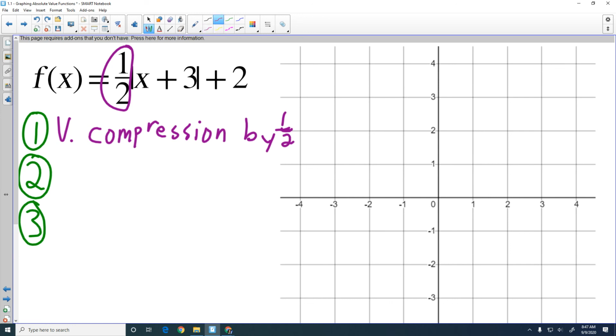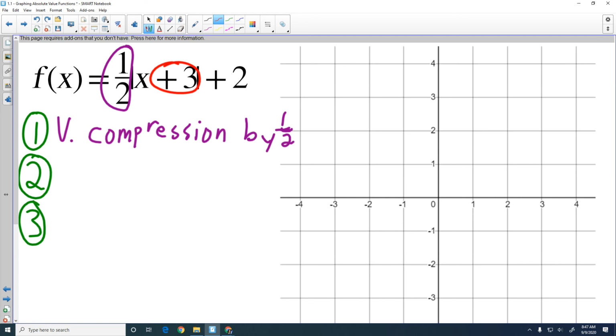Next up, I see x plus 3. Now that's inside of the absolute value. Adding or subtracting a number causes a translation. Is this going to be horizontal or vertical? You just show me with your hands if you want. Go left and right or up and down. What do you think? All right, it's grouped with the x.